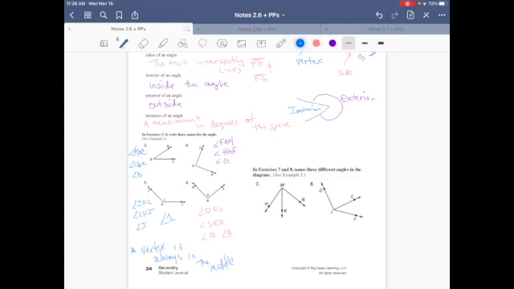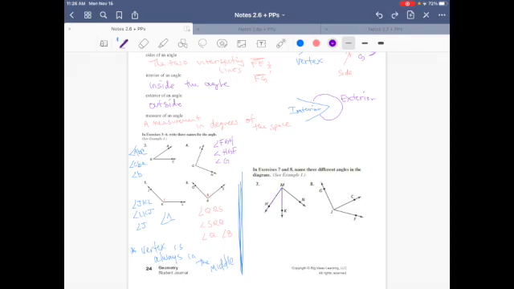All right, let's take a look at these other problems here. So they want you to name all the angles at that given vertex. And we can't really call this one angle M because there's 2 angle M's. So that's not going to work. We have to use the 3-letter method. So I'm going to say, well, I see one angle here from H to M to K, right?